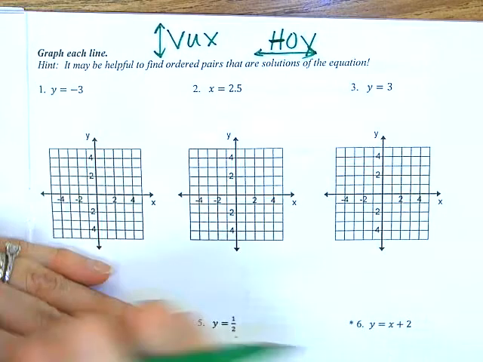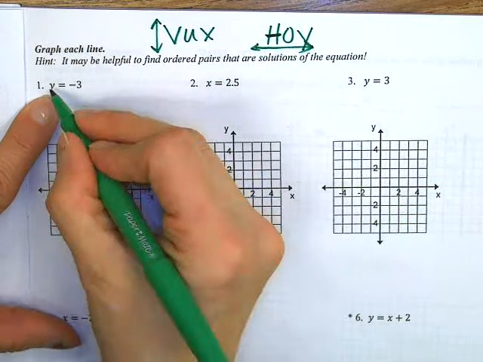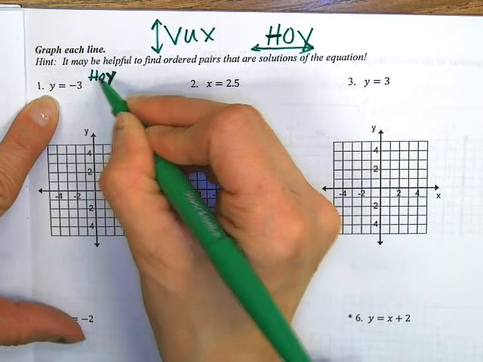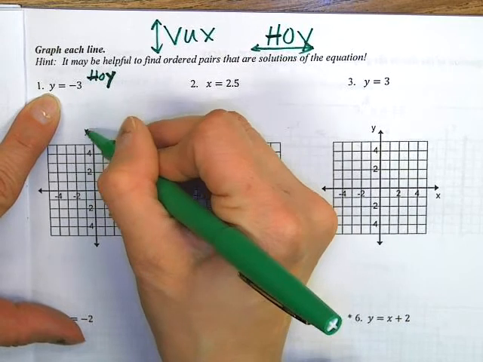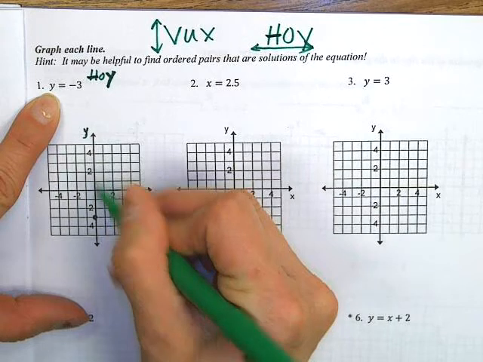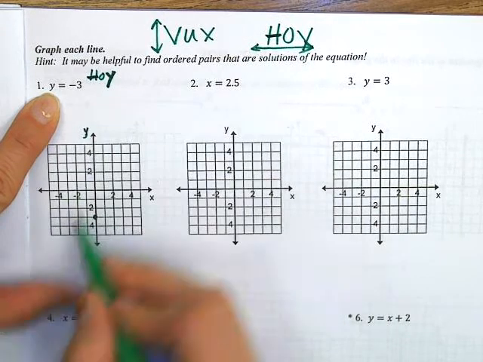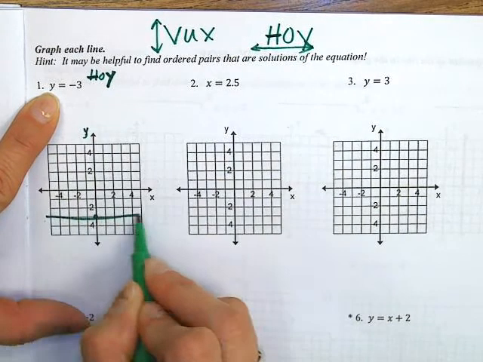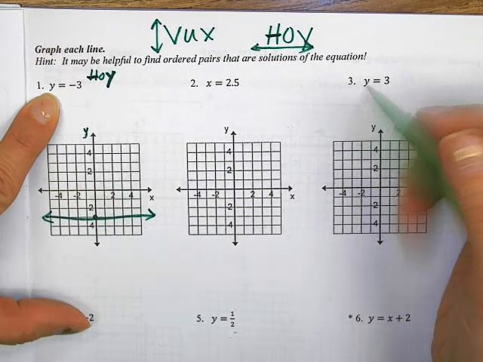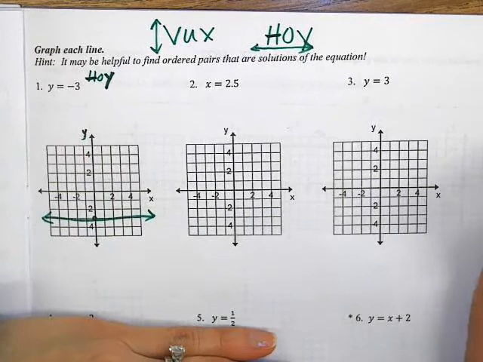So I see a y, so this is a hoy. This is a horizontal. I go to negative 3 on the y-axis, and I'm going to draw a horizontal line. Don't forget the arrows. Well, this is easy. Graphing these is going to be very fast.